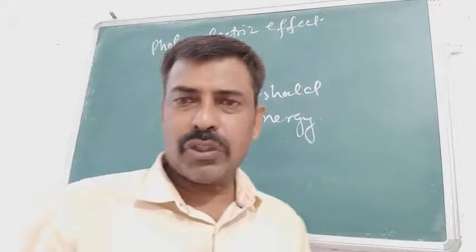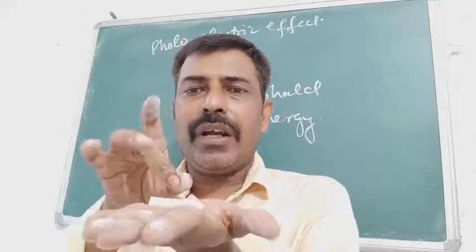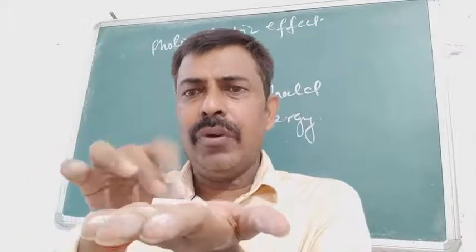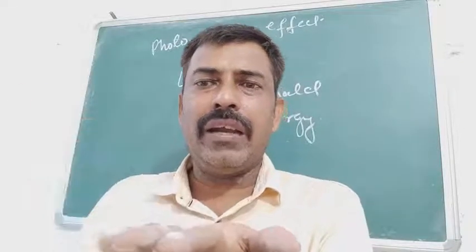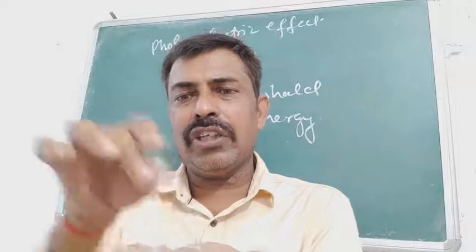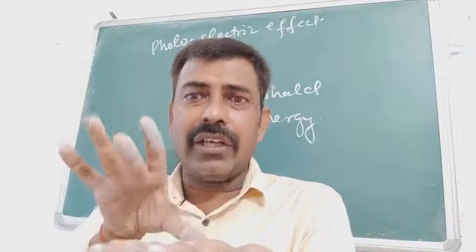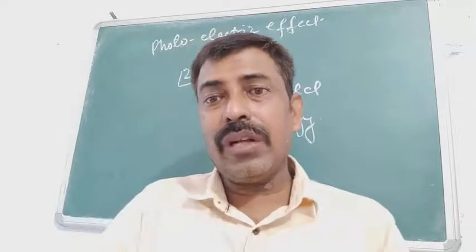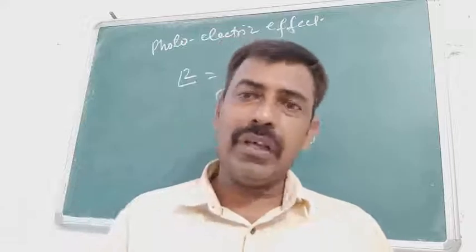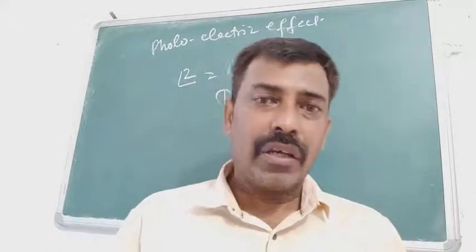If we explain it like this: this is the chalk, okay, and I am trying to hit it just enough that it reaches here at the end of my hand, then what happens? It will just reach here and will stop here. But if I am striking with a greater energy, then what happens? With that greater energy, it will continue moving. That means the remaining energy will remain in the form of kinetic energy.